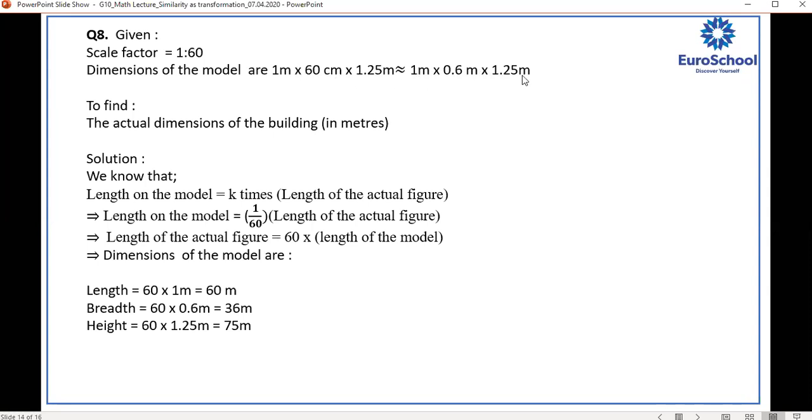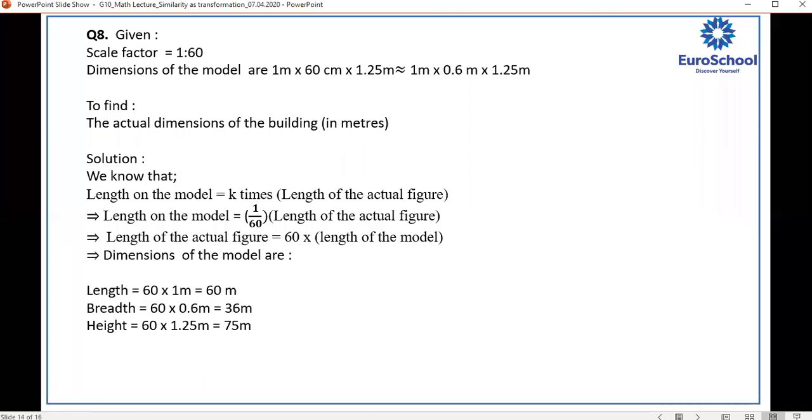Now I've converted all into meters. Now they are saying, if the model is drawn to the scale 1:60, find the actual dimensions of the building in meters. They want all the dimensions in meters. We have already converted into meters, so we don't need to convert.